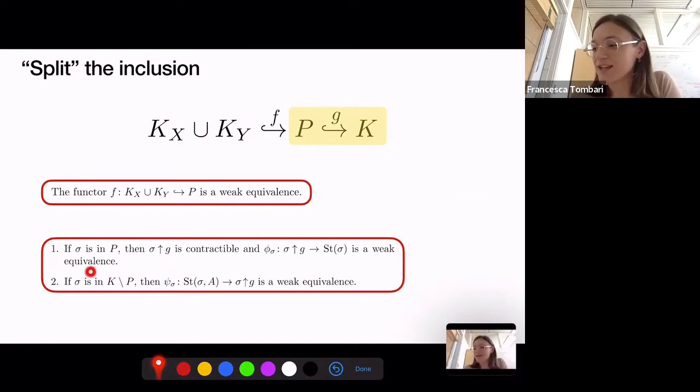So if you study the categorical fibers associated to simplices in K minus P this time, they turn out to be weakly equivalent to the obstruction complexes of sigmas. So that's where the difference is hidden. That's what we want to understand.